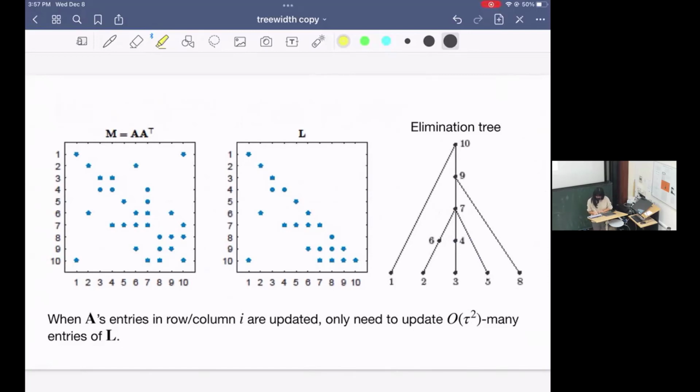So for example, if we were to update these guys, then what we need to change in L is actually just going to be column 6, and from 6 up to the root in the elimination tree, so we'll need to change columns 6, 7, 9, and 10. And it turns out that you don't need to change column 8. And this allows you to bound the number of operations you need to do when you update L.